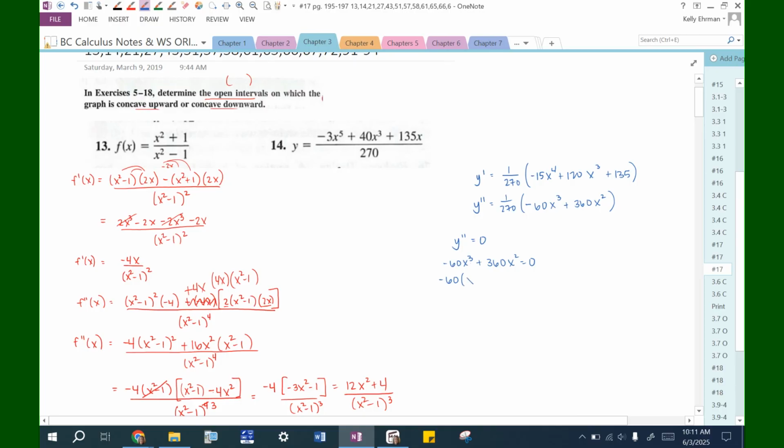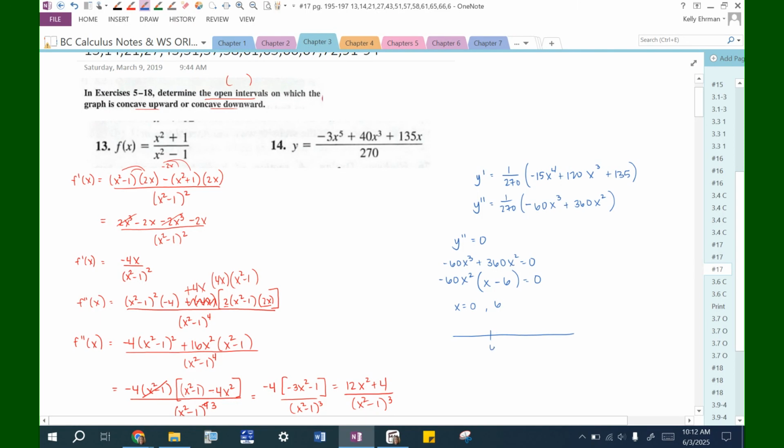That becomes positive x cubed, this becomes minus 6. How about we take out the greatest common factor, not just a common factor? We can take out a negative 60x squared or a positive 60x squared, it doesn't matter. So this would become x minus 6. And so possible inflection points are 0 and 6.